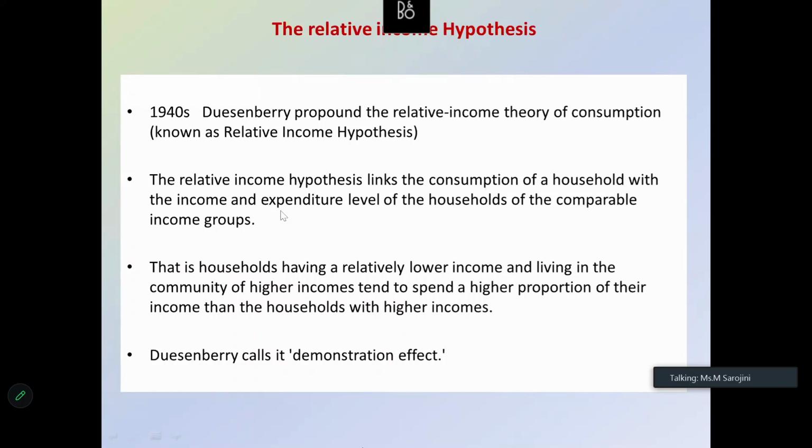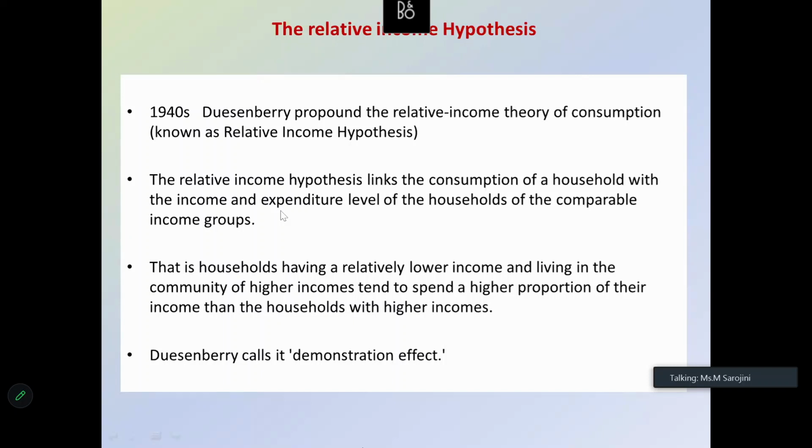The relative income hypothesis links the consumption of a household with the income and expenditure of the households of comparable income groups. They are compared with the other groups who are living in the same areas.